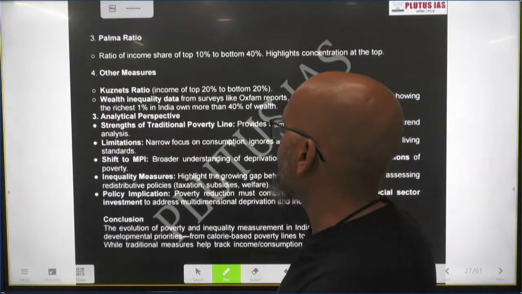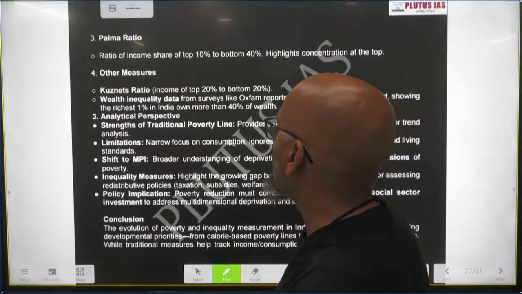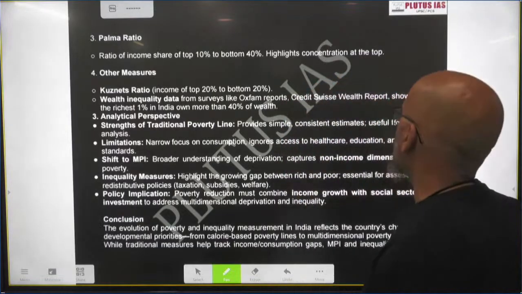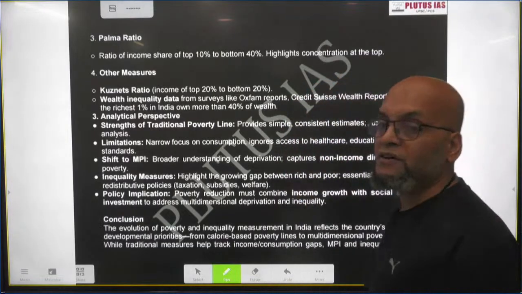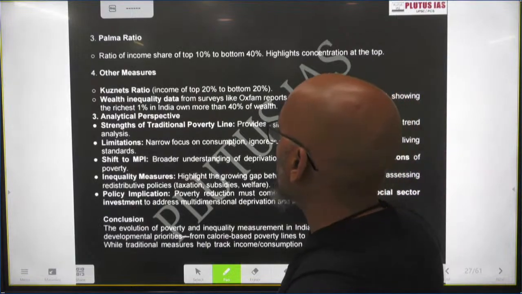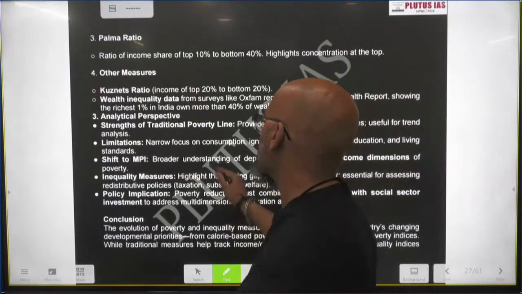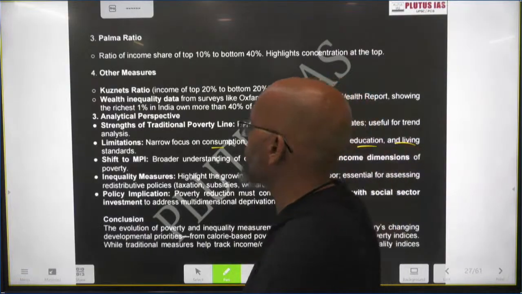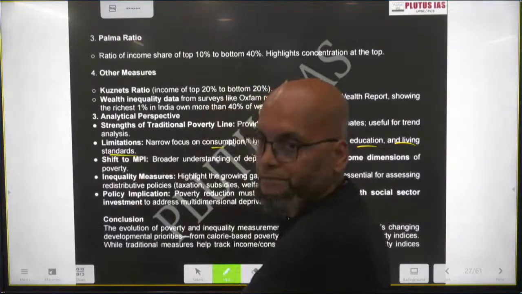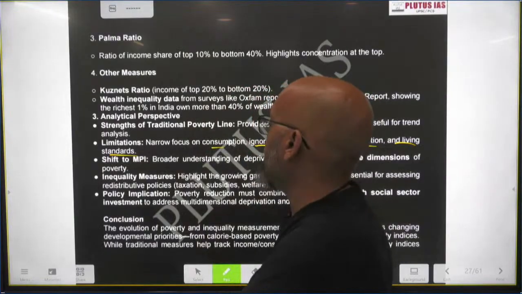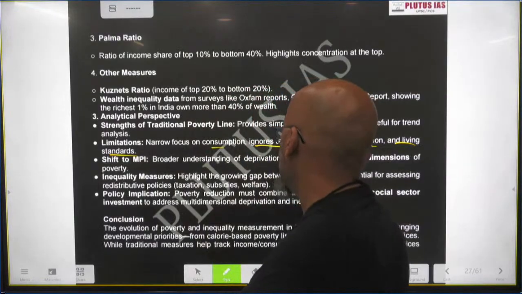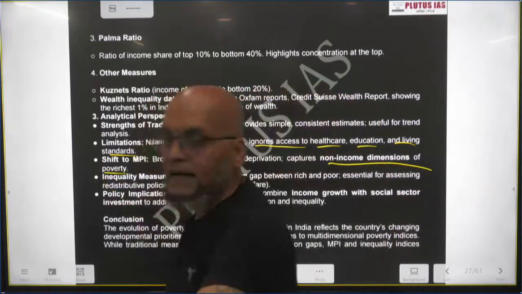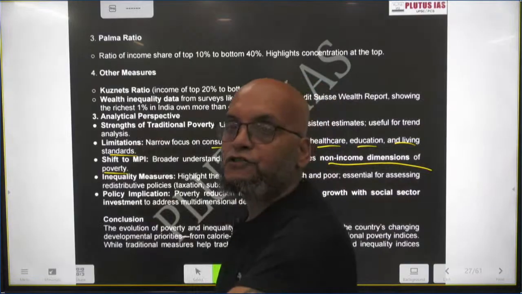Then the analytical perspective. Strengths: the traditional poverty line provides simple, consistent estimates useful for trend analysis. Limitations: it narrows focus on consumption and ignores access to healthcare, education, and living standards. Then the shift to MPI gives a broader understanding of deprivation and captures non-income dimensions of poverty as well. There are other dimensions of poverty, not only income.